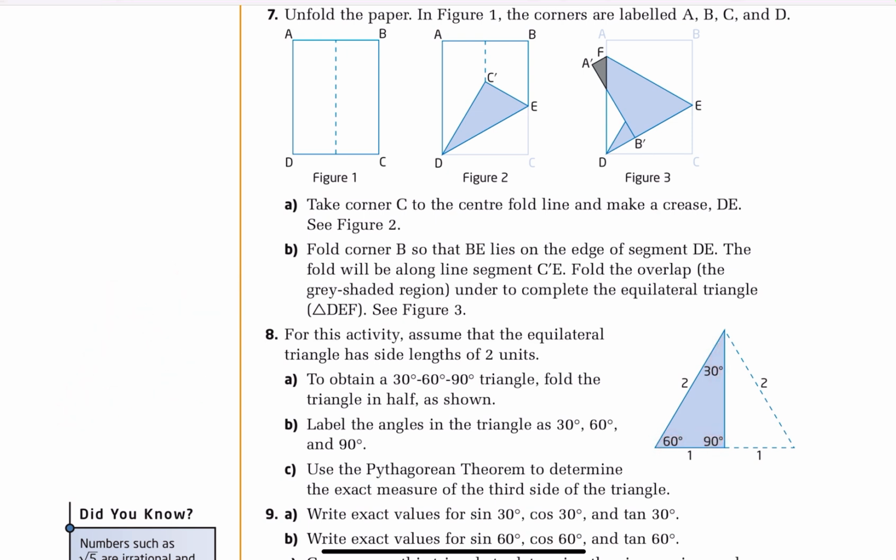It doesn't matter what the triangle looks like or how the triangle is positioned. The sum of its three angles always ends up being 180.